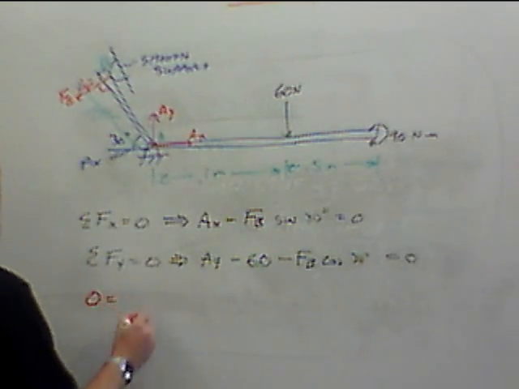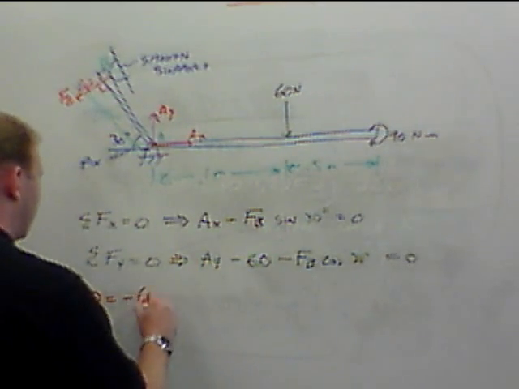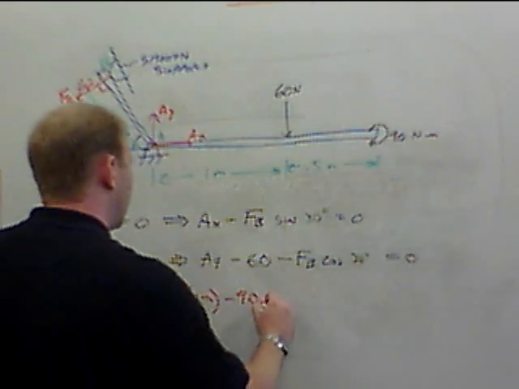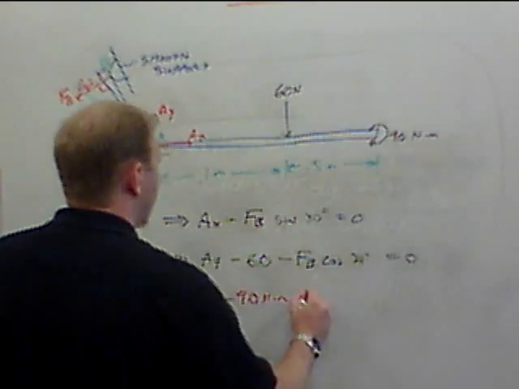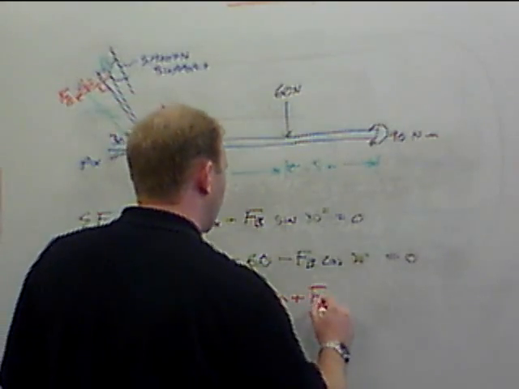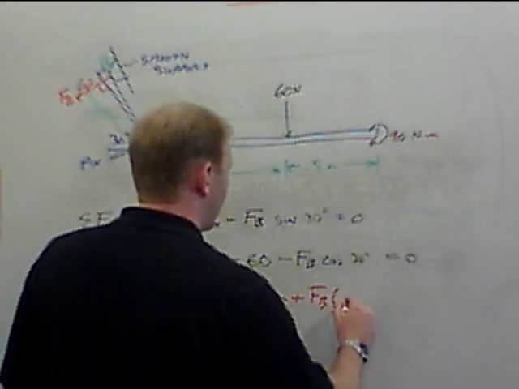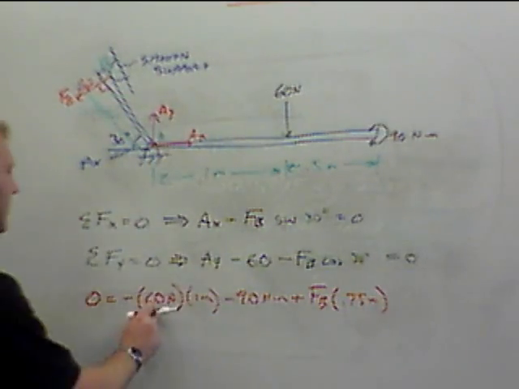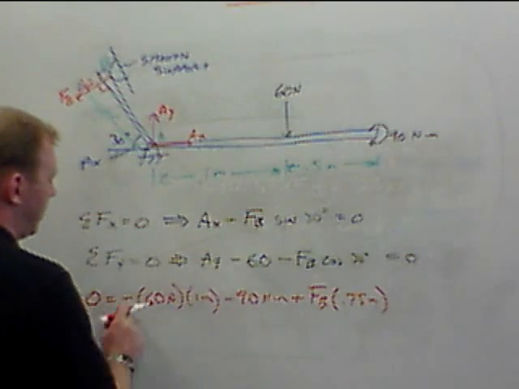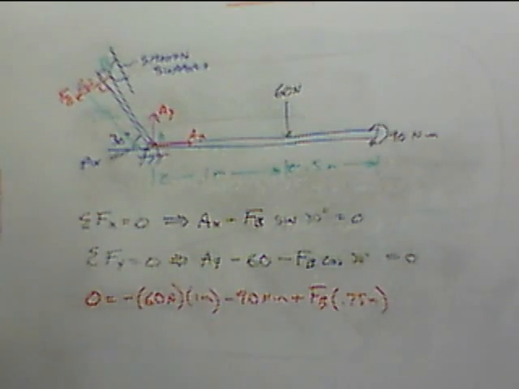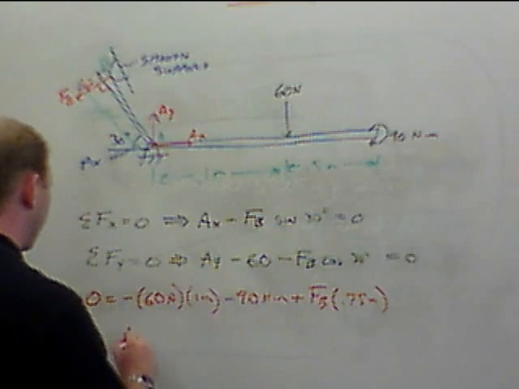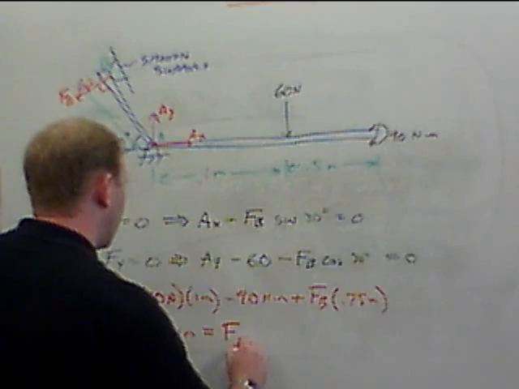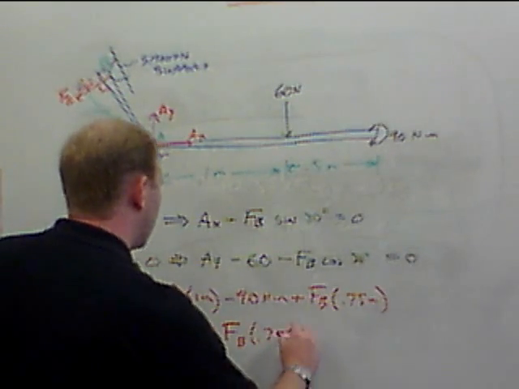So we're going to have 0 equals minus 60 newtons times 1 meter, minus 90 Newton meters plus FB times 0.75 meters. Okay, so we'll take these. 60 times 1 is 60. That's negative 60 minus 90 is negative 150. Bring that over, we end up with positive 150 Newton meters is FB times 0.75 meters.